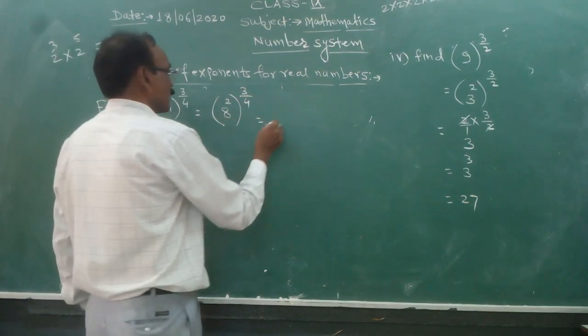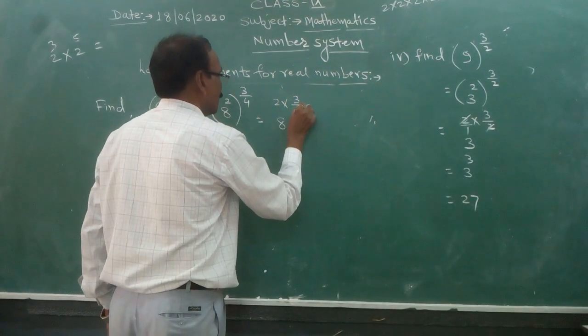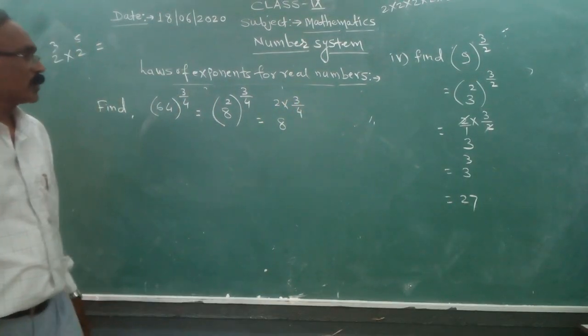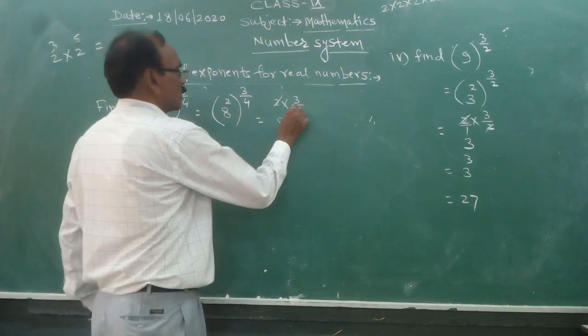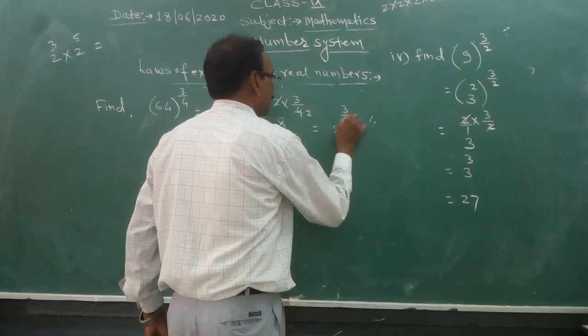So this is 8 raised to the power 2 into 3 by 4. Okay. So 2 ones are 2, 2 twos are 4. So 8 raised to the power 3 by 2.